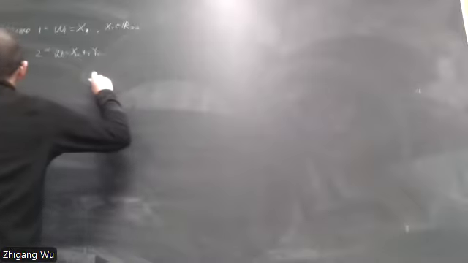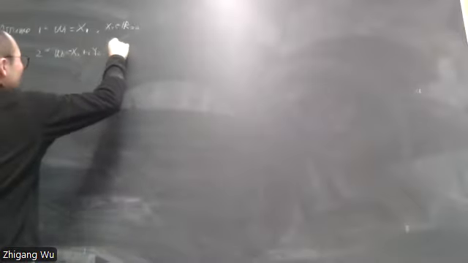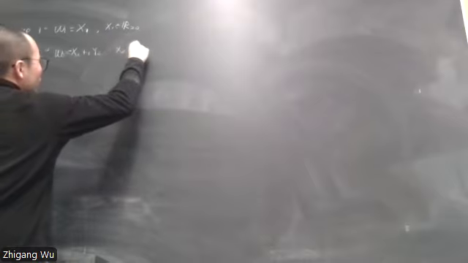And then for this W2 is equal to X2 plus RY2. Sorry, it should be negative. And then X2, Y2, all positive.